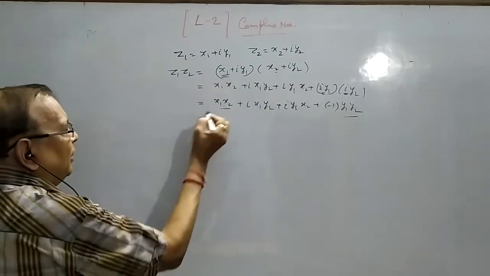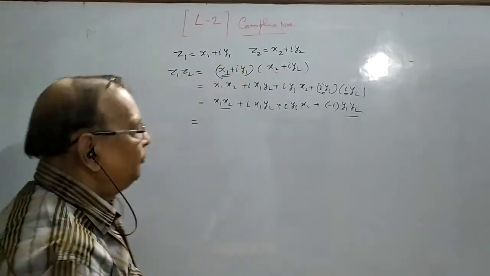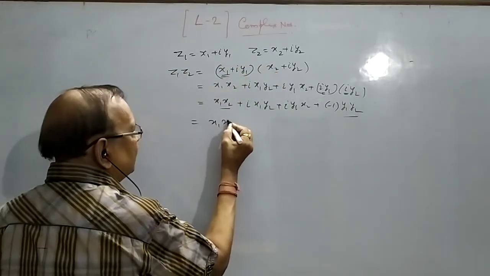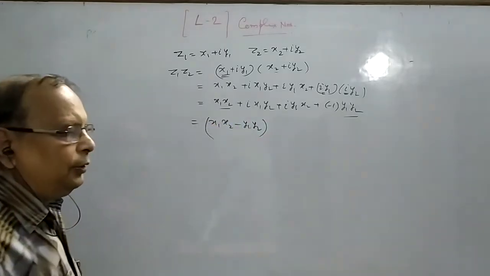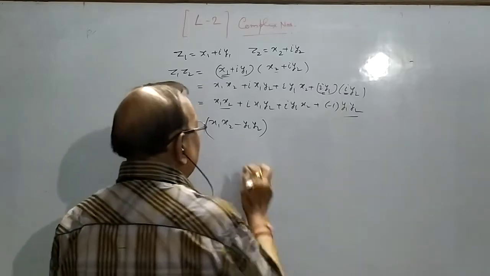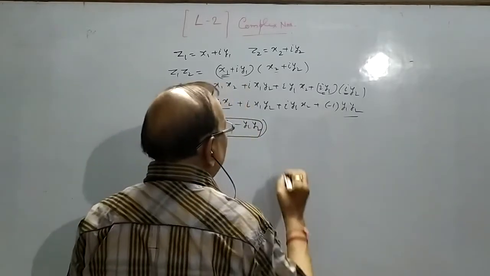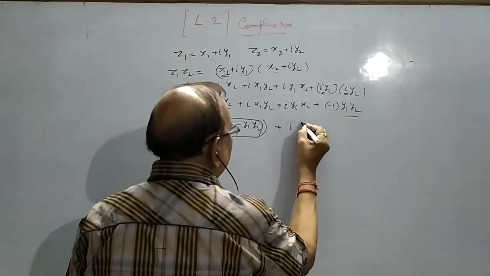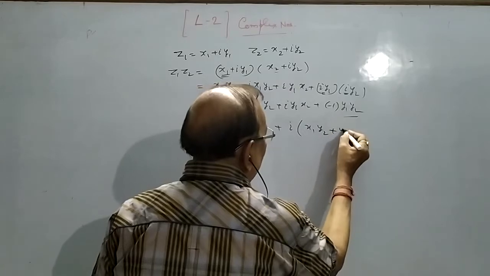Arranging real and imaginary parts, x1 x2 minus y1 y2 are the two terms in the real part, while there are two terms in the imaginary part, x1 y2 plus y1 x2.